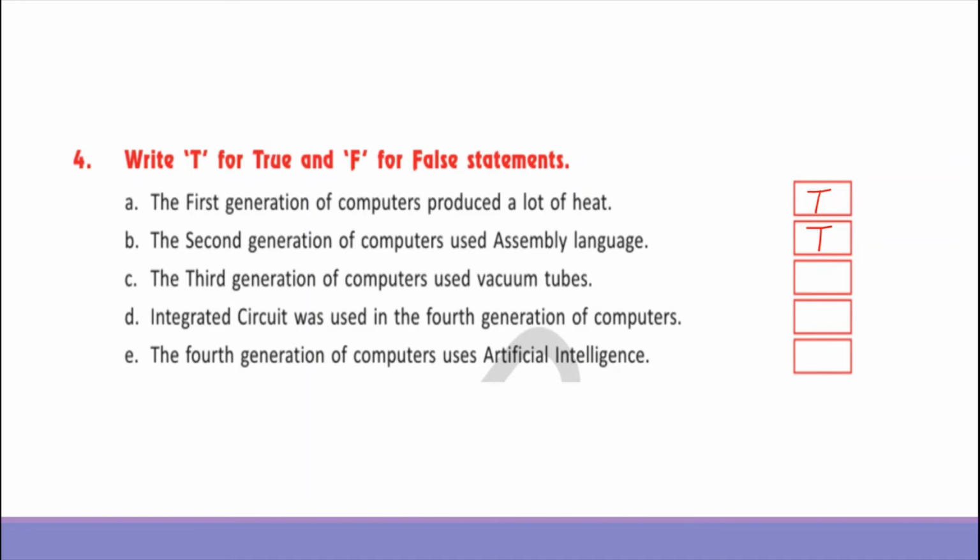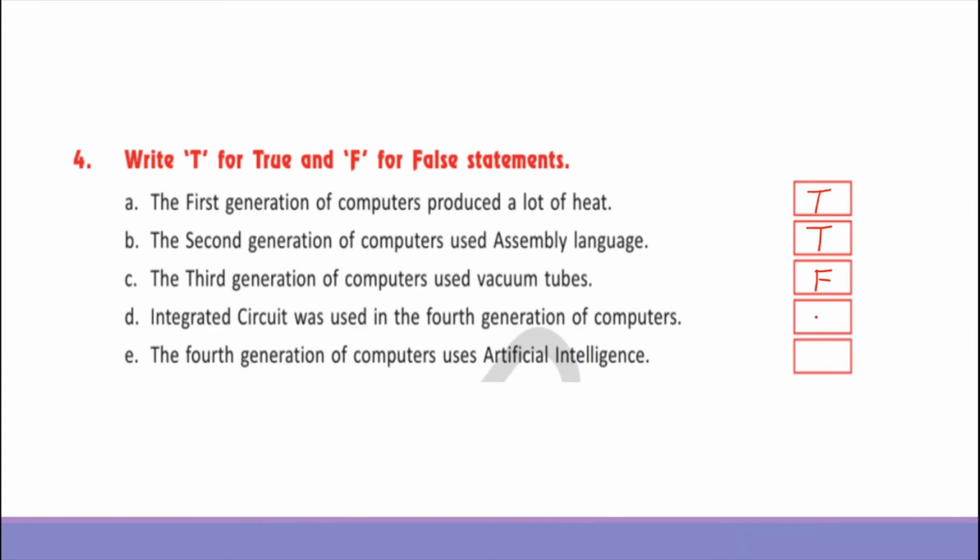C. The third generation of computers used vacuum tubes. No, this is an incorrect statement. So write here F. F for false. D. Integrated circuit was used in the fourth generation of computers. No, again it is an incorrect statement.